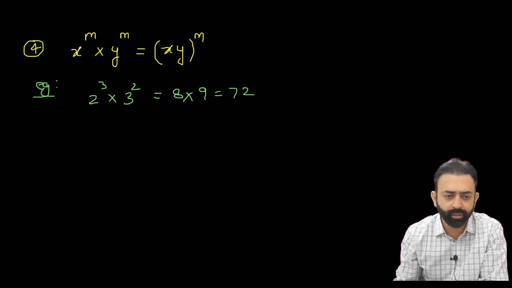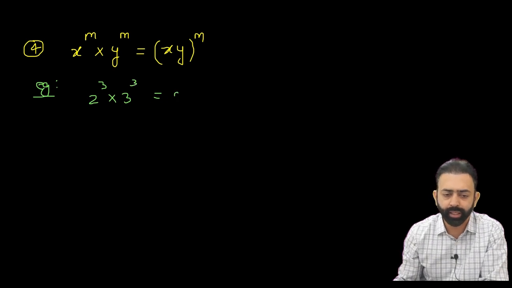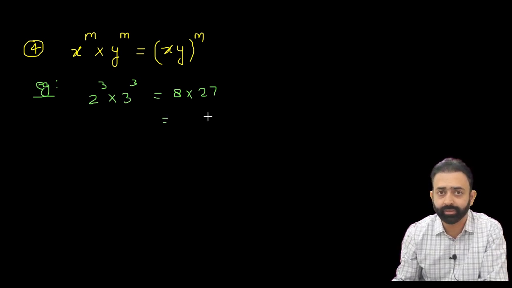Oh, I'm sorry. I need to keep the exponent the same. Okay, this is 3 cube. So 8 into 27 is giving me the answer. 8 into 7 is 56. This is 216.